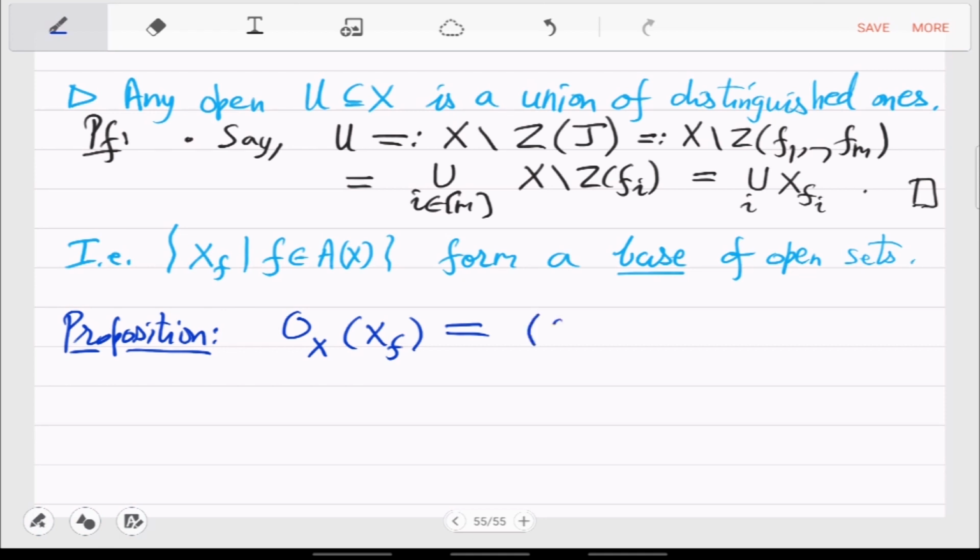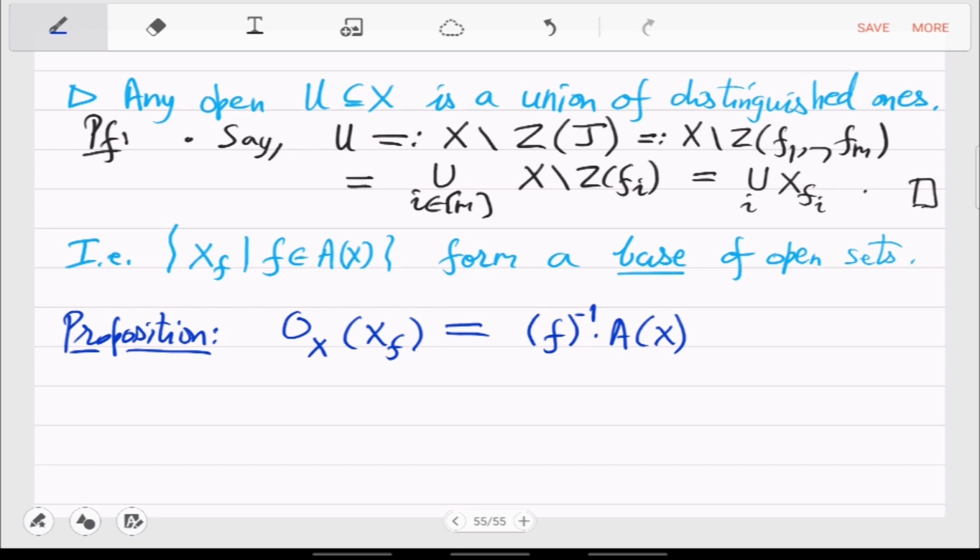It is the multiplicative set generated by F, and then you make these things invertible. So all the functions which are defined everywhere on X was A_X, and when you are looking at this open set X_f, then you are also allowed to invert by powers of f essentially.